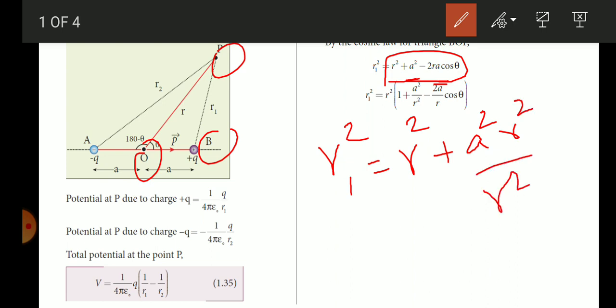If I cancel this r square, then I will get the original term. So I multiply and divide the a square by r square. Then minus, here look at this term, there is an r. So I need not multiply with r square, I multiply with r alone.